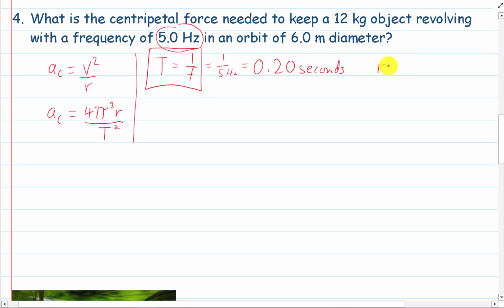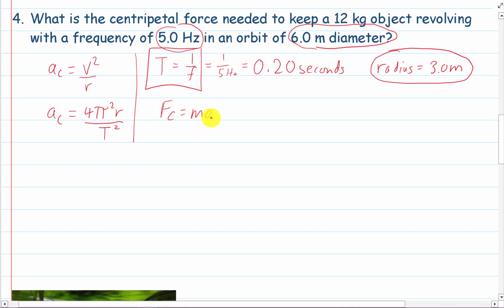The radius is 3 meters because it's a 6-meter diameter. So all the curveballs are coming into this question where I give you the frequency and the diameter. And so what is the centripetal force?